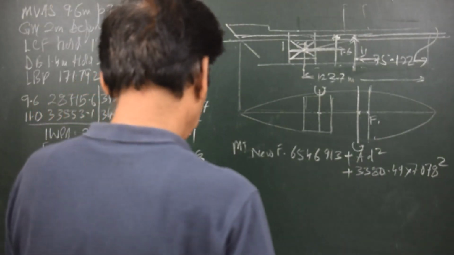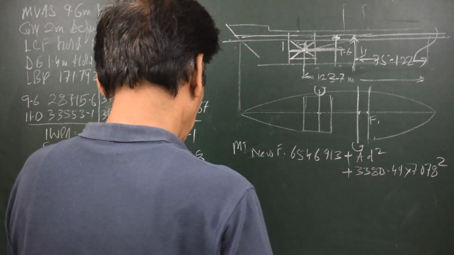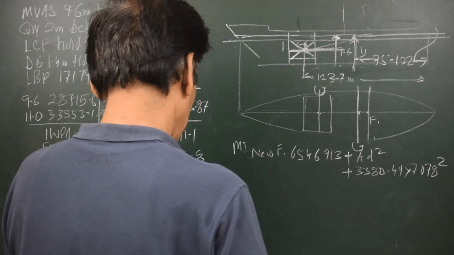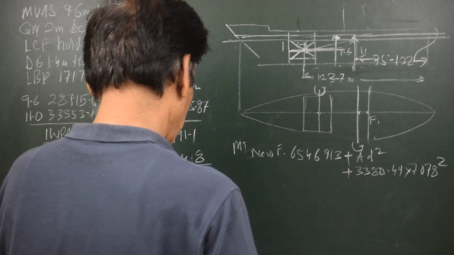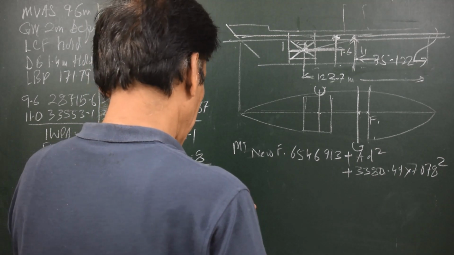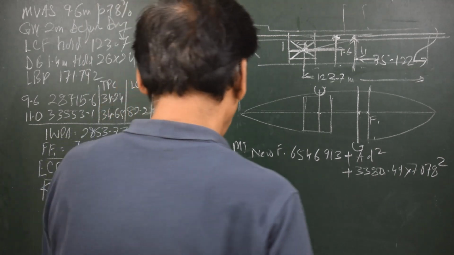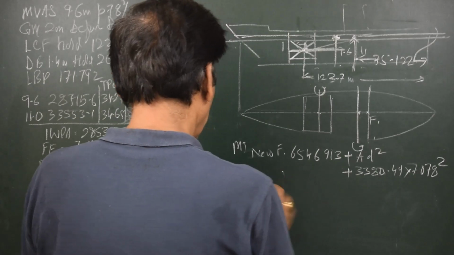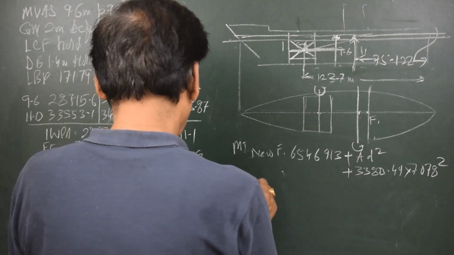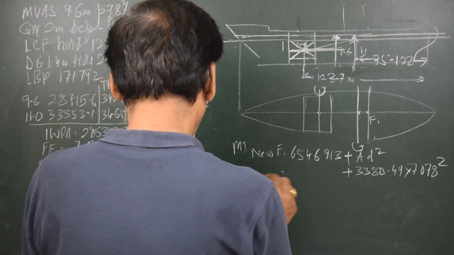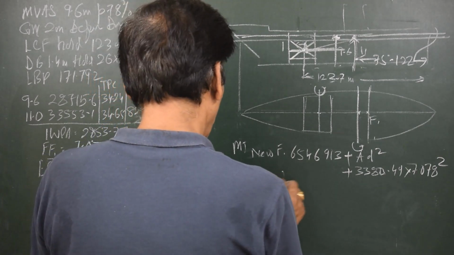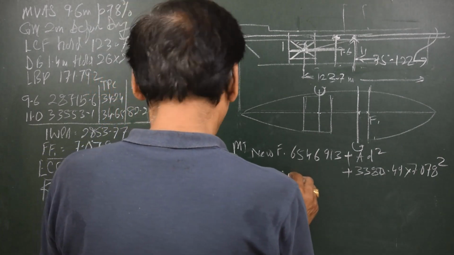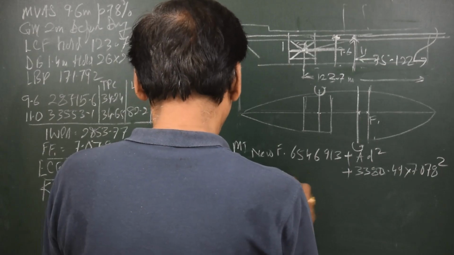So 6546913 plus 169356 gives me 6716269, right?